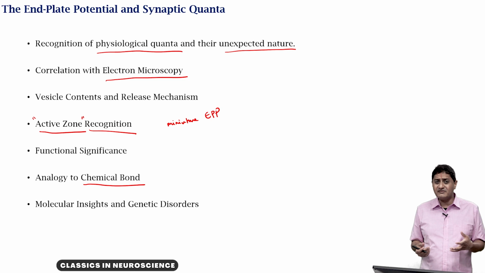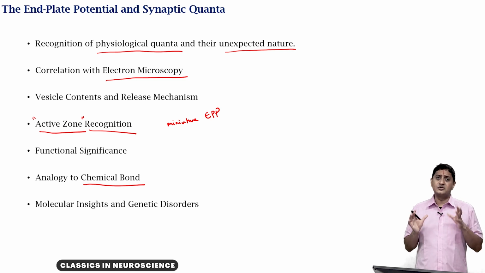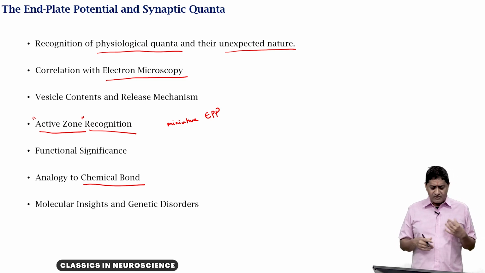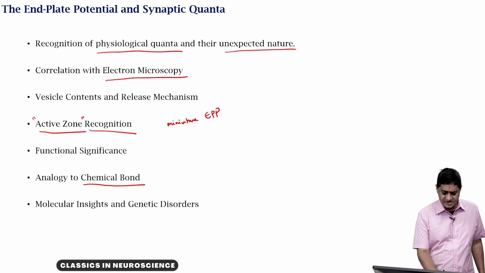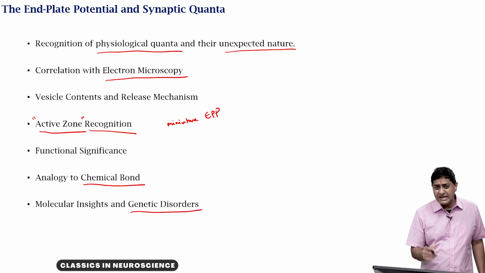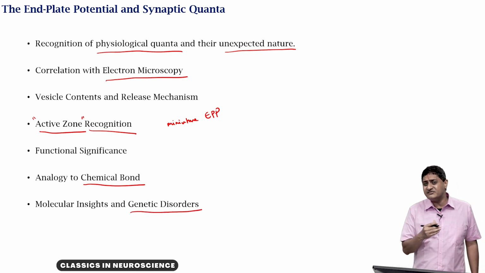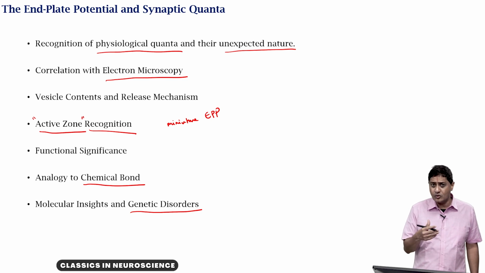Likewise, you have the miniature end plate potential in neurophysiology. Of course, later with the help of newer technologies, it was possible to study this better, and also each step in the release of this neurotransmitter can go wrong, and they do go wrong and cause some diseases.